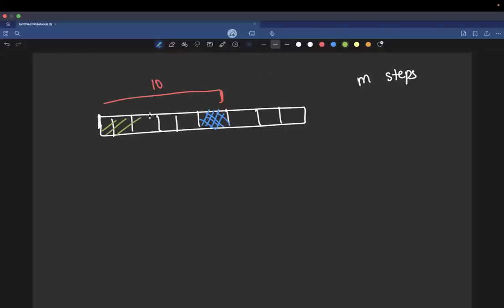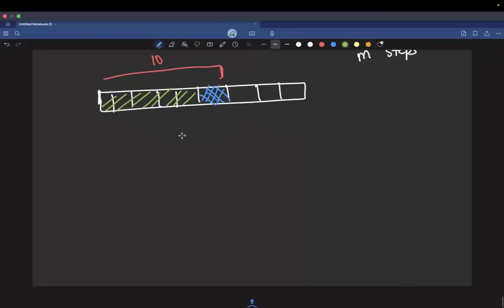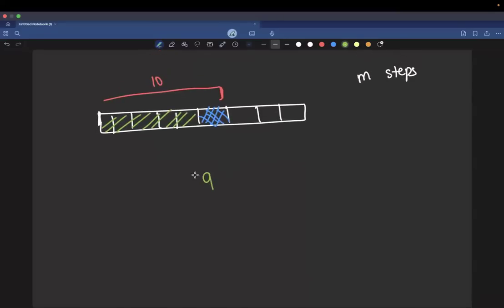The person might have died earlier on some step before now, or he could have died just now, right? Now for the probability of the person to die just now on the mth step or the 10th step, in the first 9 steps, let's say if there were a total of 7 people, then 6 people should have died already.